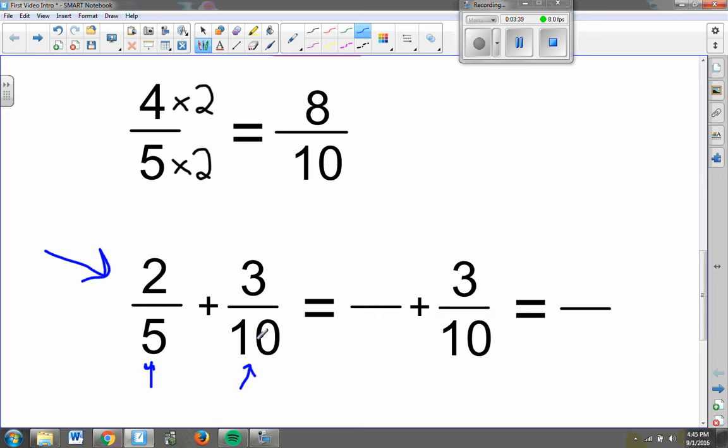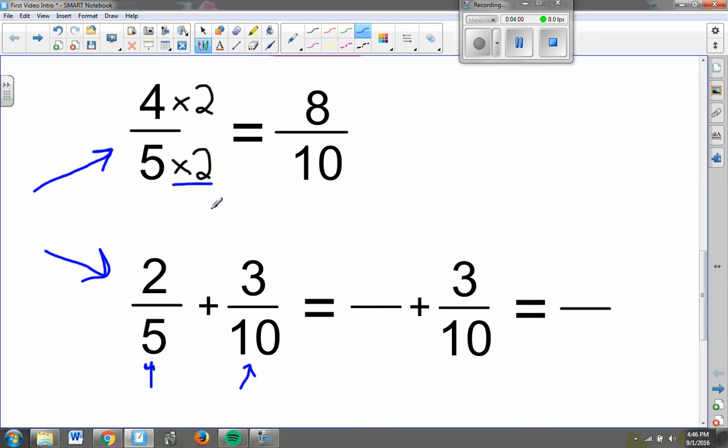We need to change one of these numbers so that it becomes the other number. Okay, now the way we do this is we make the 5 into a 10 by multiplying, just like we did up there. Okay, and we should remember that to change the 5 into a 10, we times it by 2.